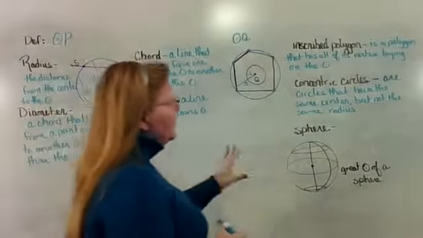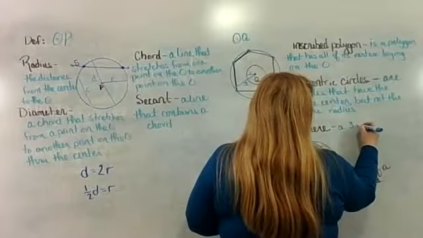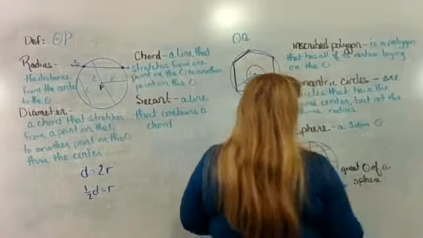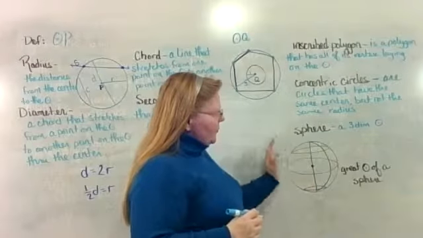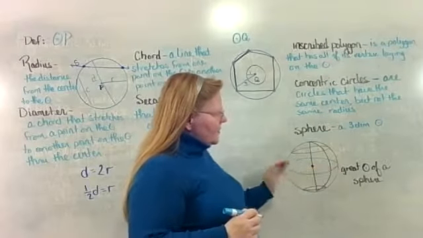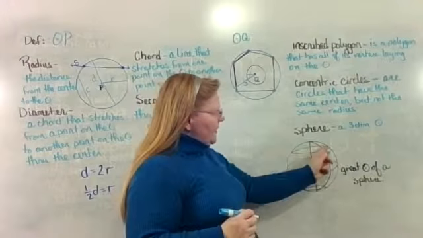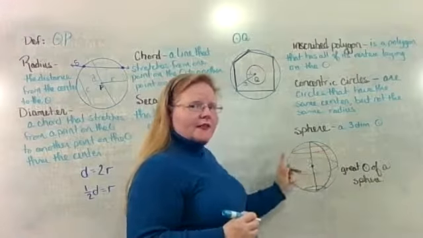A sphere is a 3-dimensional circle. And it can be sectioned off so that if we were to take slices or cut along this sphere, if I were to cut right here, since it's 3-dimensional, it has like a front side and a back side.